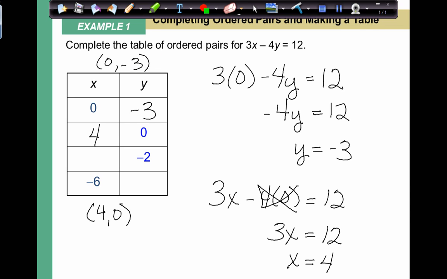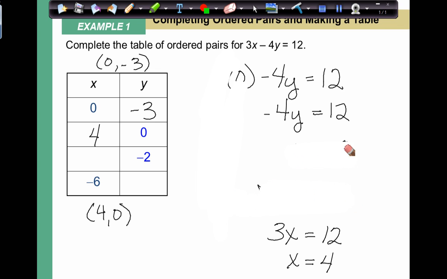So let's go ahead and graph them real quick and see what they look like. So let me erase just enough for us to graph it. If we have our graph, this point 0, -3 is the point right here, and this point 4, 0 is the point right here.